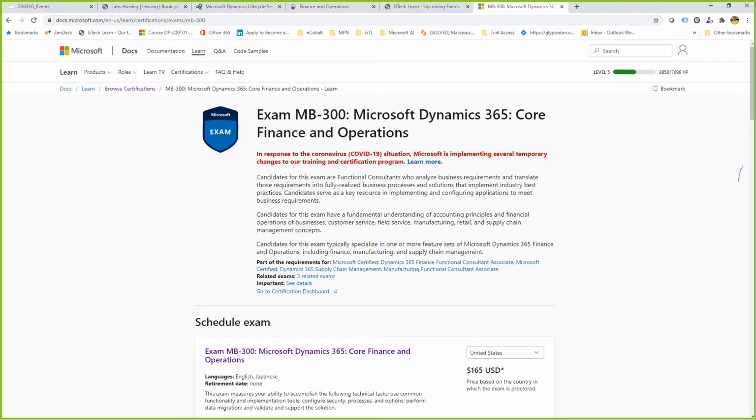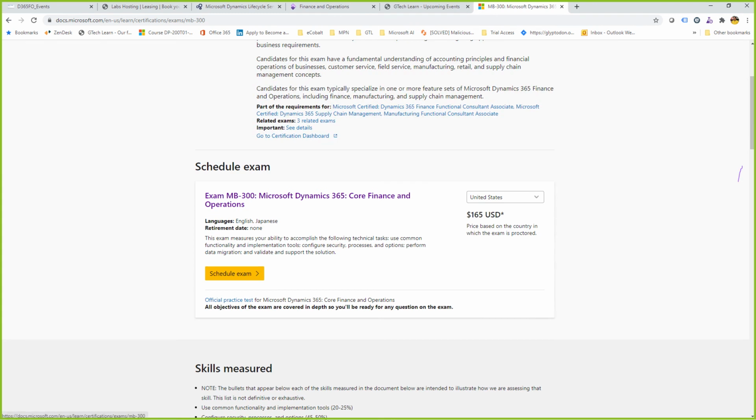Depending on your geographical location, the exam prices may vary, of course. You schedule the exam and log in with your Microsoft associated ID; it's a straightforward process. You can appear for this exam from your home in an online proctored mode, or at any of the Pearson VUE sites if you want.